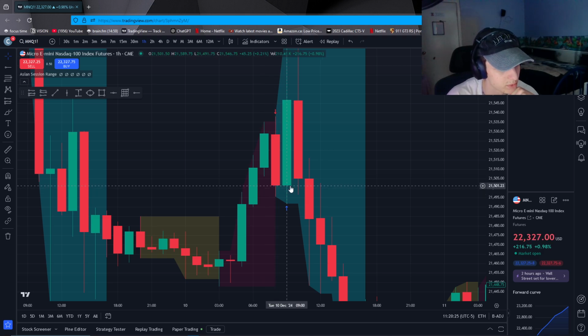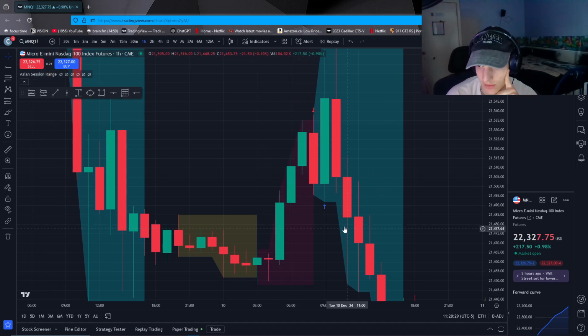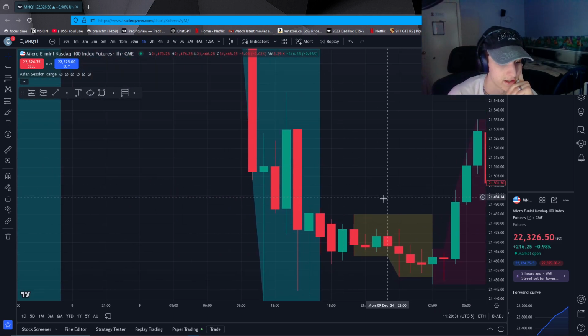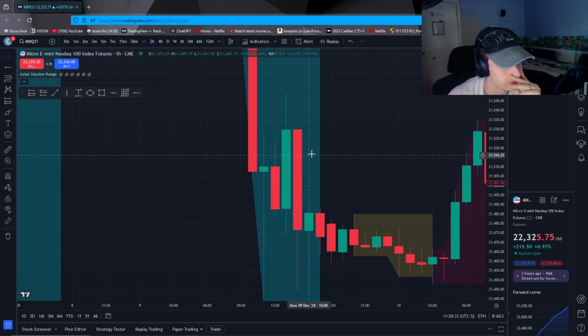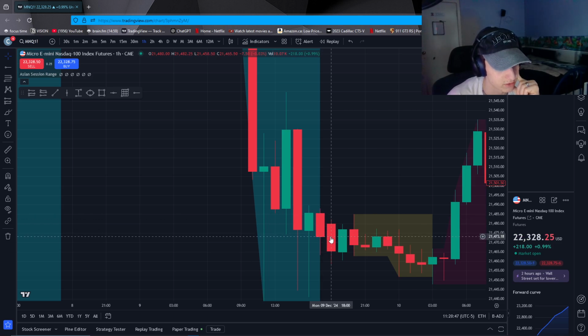And now this is where the open is on the next candle. So wherever we close on the first candle is where the next candle opens. We closed here on this candle, that's where the next candle opens.